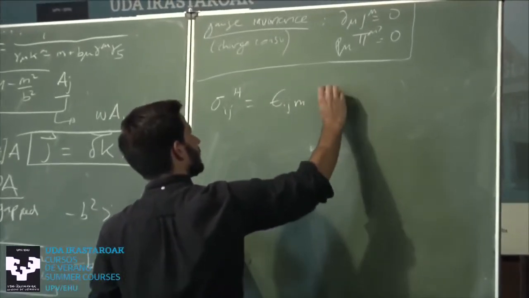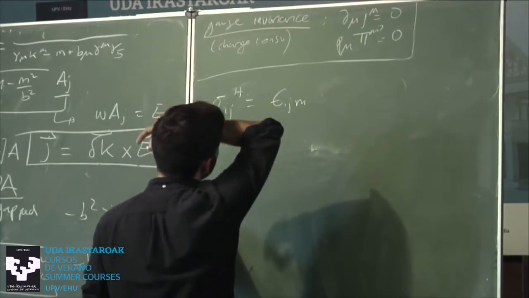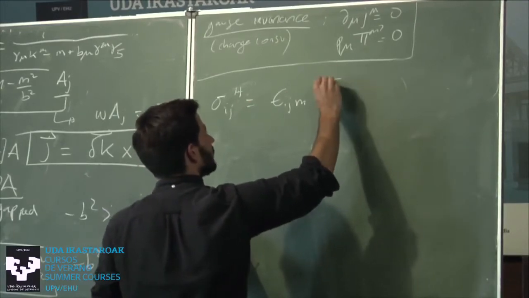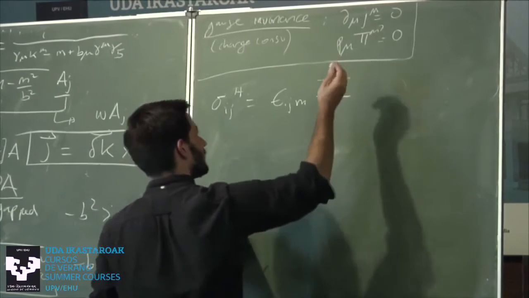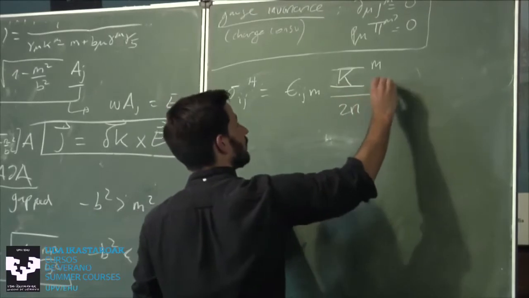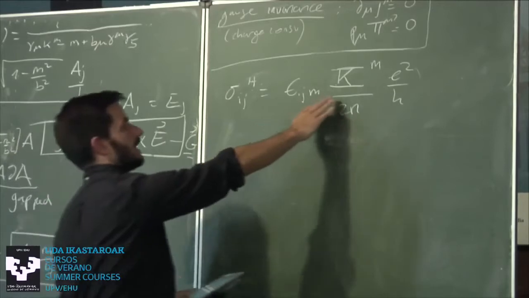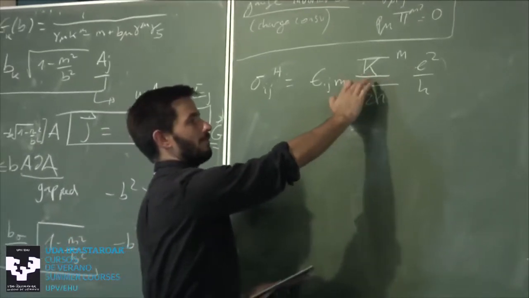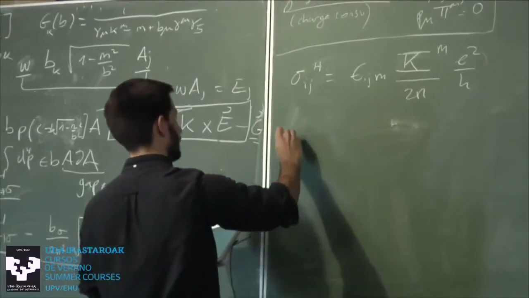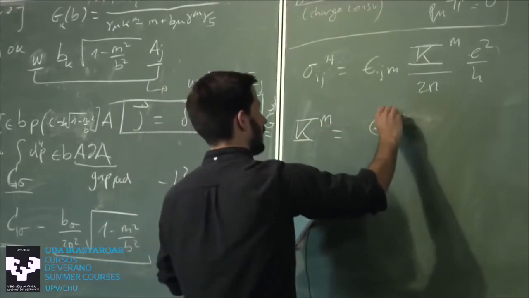The Hall conductivity of a three-dimensional system can always be written as e squared over h times some vector with units of momentum. And Haldane gave us the expression for this K in general for any system.